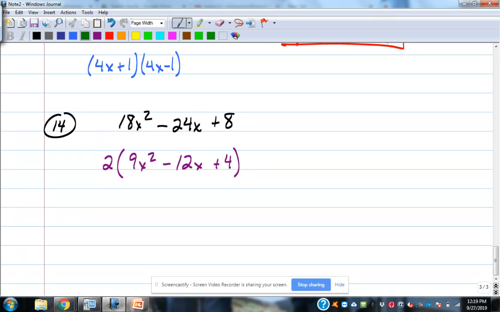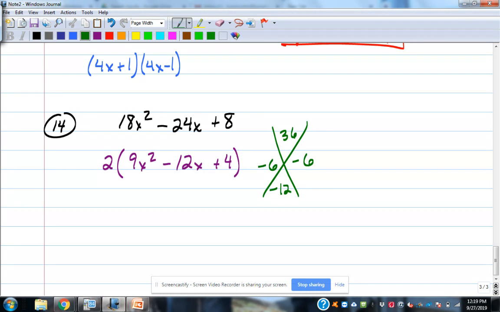What do we do with that stuff in parentheses? X method, all right. So what goes on top? 36. We need it to add to be negative 12. Negative 6 and negative 6, I heard. Negative 6 times negative 6 is positive 36.